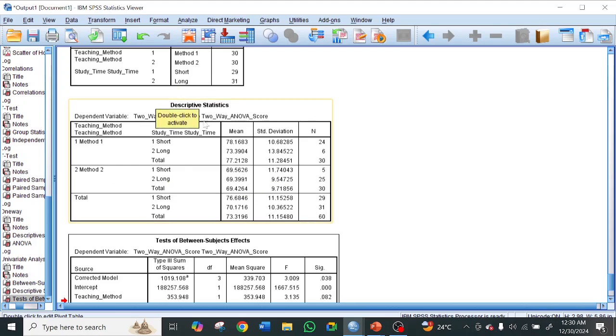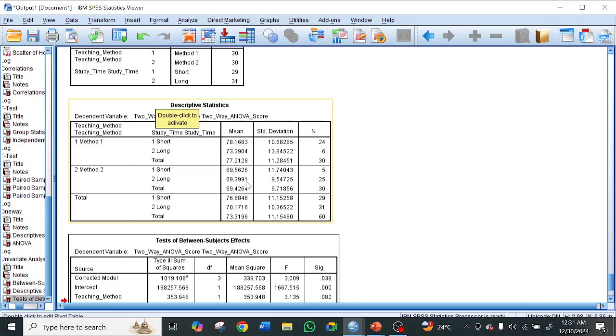But now let's look at it overall. Method 1 teaching method, the total mean is 77, but method 2 is 69 points. So you can see that this one is now different. When you talk about long and short study time, the difference in the mean is not much, but between method 1 and method 2, the difference is a little bit more.